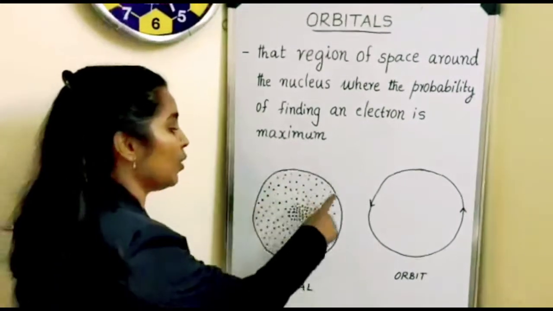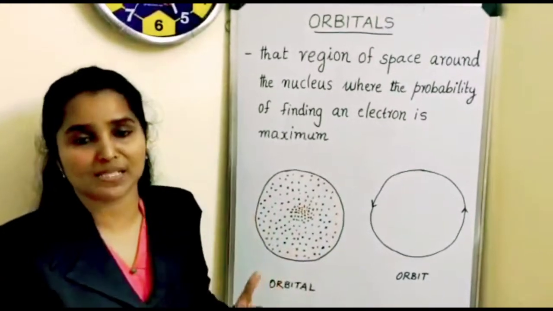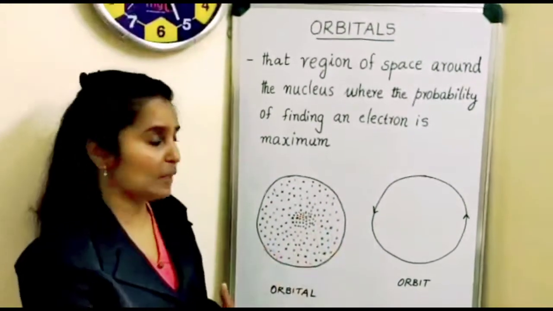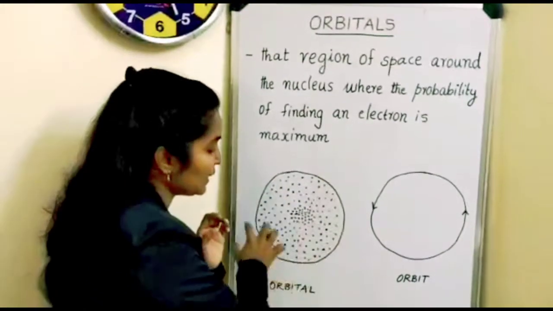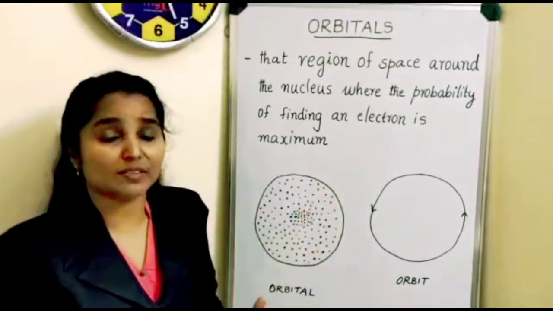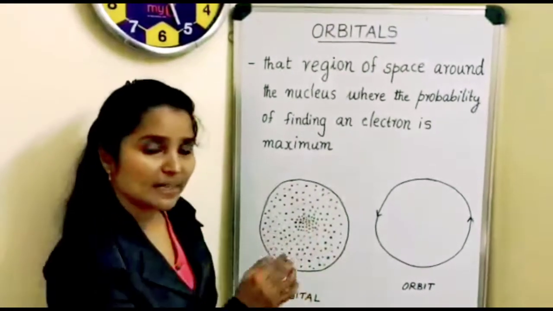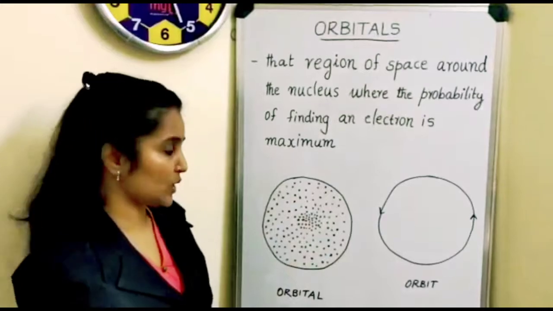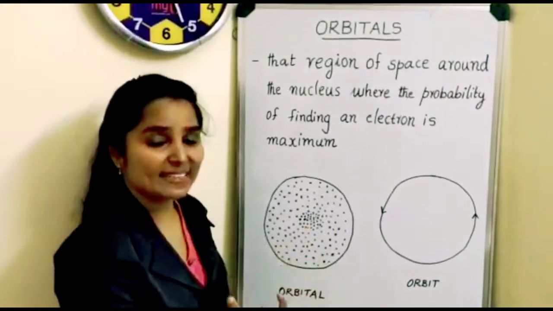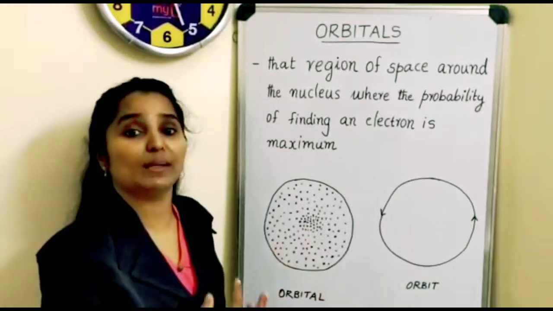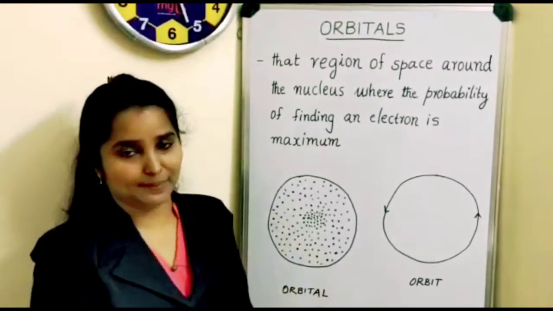As a whole, in the whole area you can find the presence of electrons. This representation is known as the electron charge cloud. So an electron charge cloud is represented by dots, and where the charge cloud is more, the probability of finding the electron will be more. Okay? That is about orbitals.